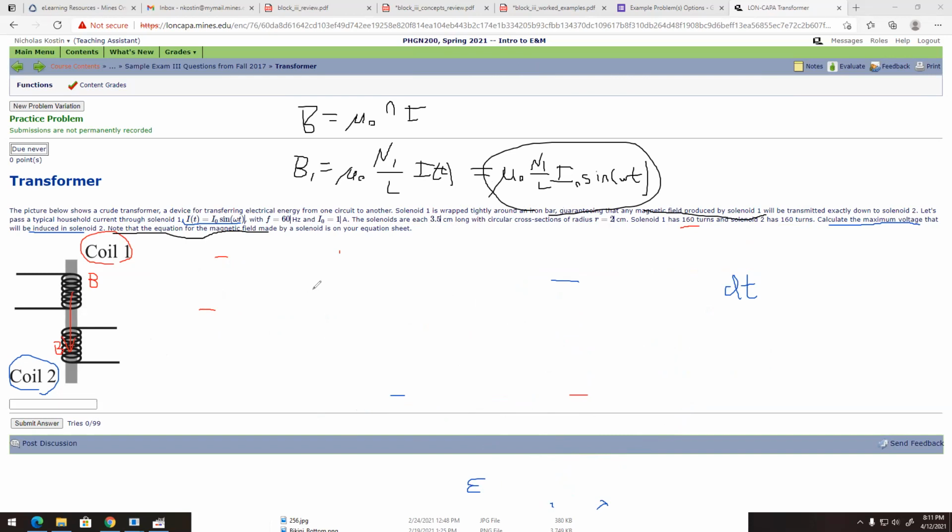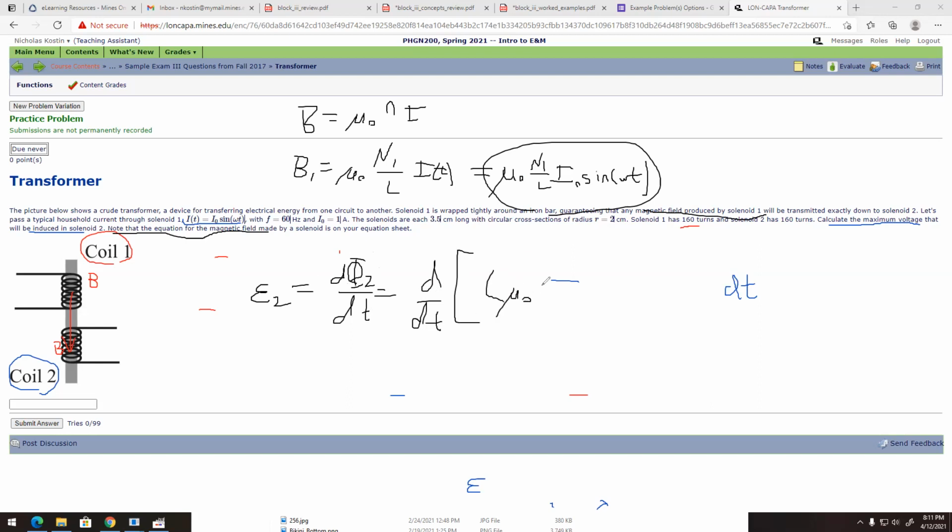So the maximum induced voltage in solenoid 2 is going to be just what Faraday's law tells us it is, the derivative of the flux. And then that is just going to be the derivative of the B field, which we know from here.